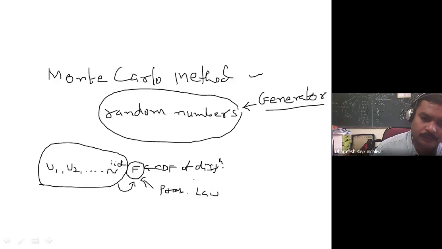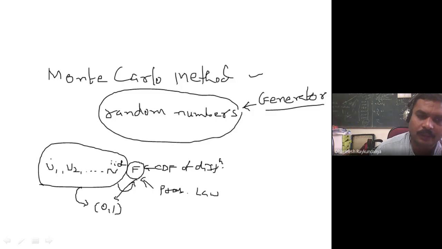If this stream, u1, u2 and so on, of random numbers is generated over the interval 0 to 1, that means F is the standard uniform distribution.